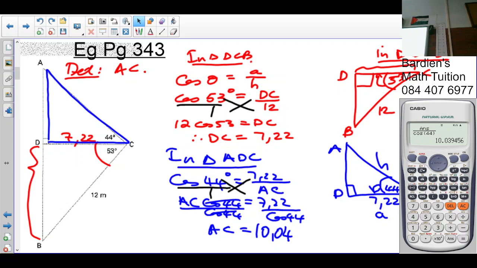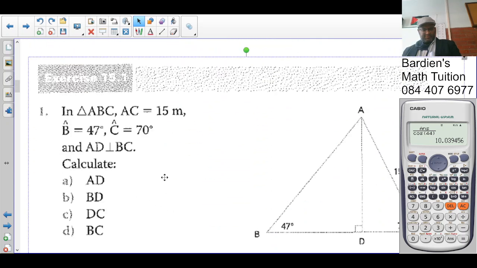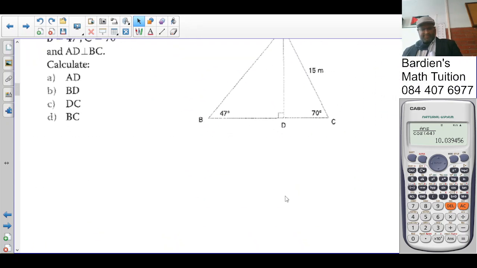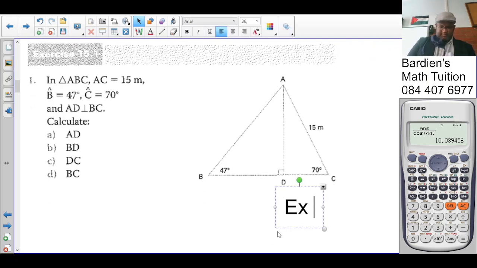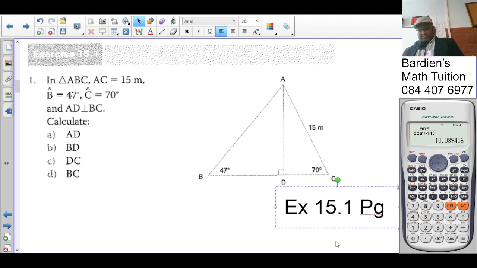So let's look at 15.1. Let's do number 1 together. Exercise 15.1, number 1. Which page is this on? 344.